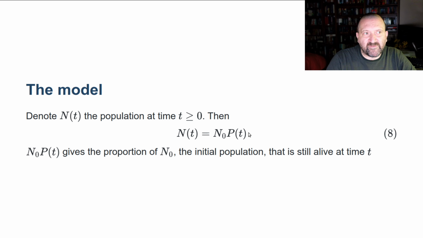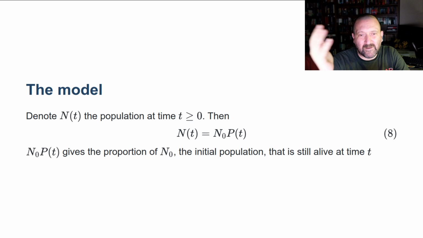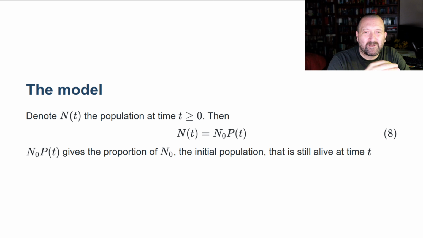Because P of t gives me the probability, and essentially the proportion in this case, of individuals that are still alive at time t. It's the probability that you survive until time t, but in practice it gives us the proportion of individuals who are still alive at time t.